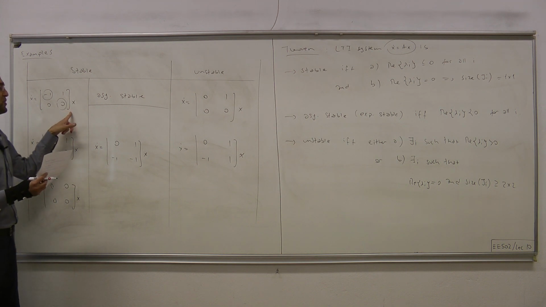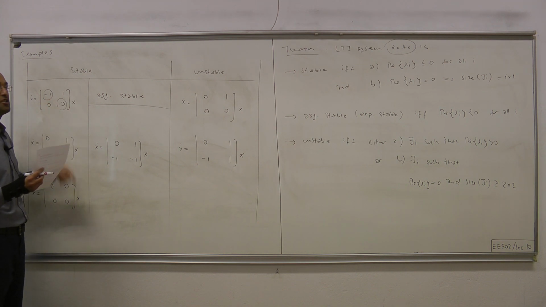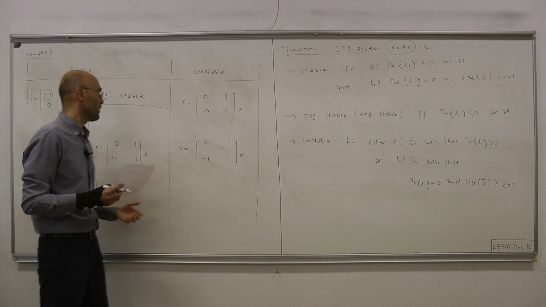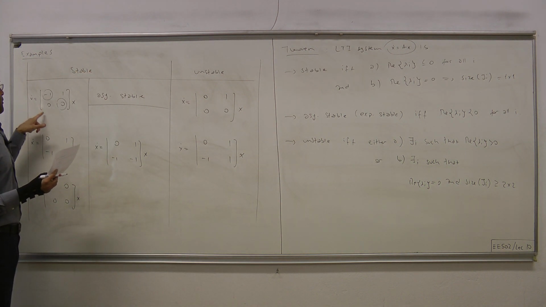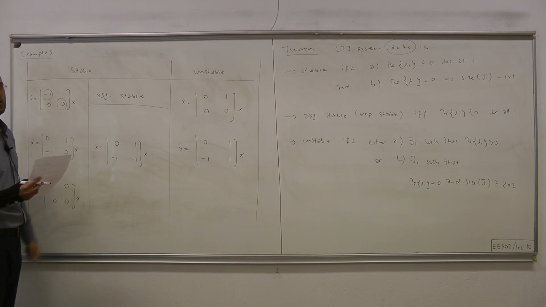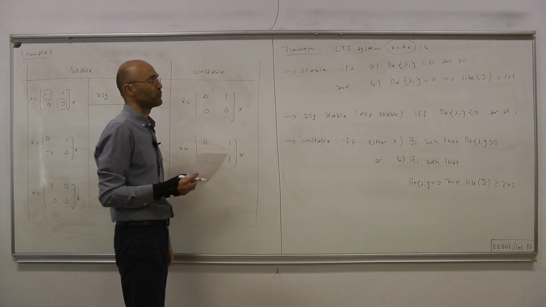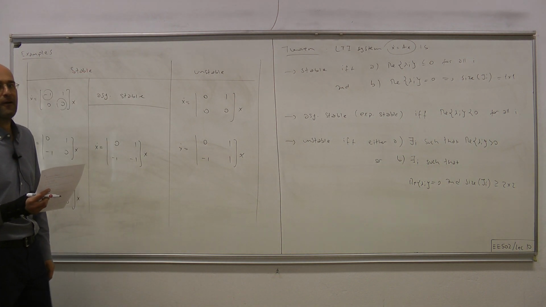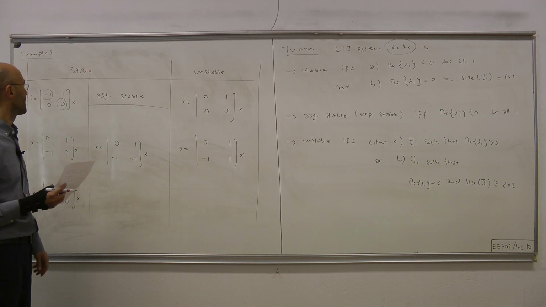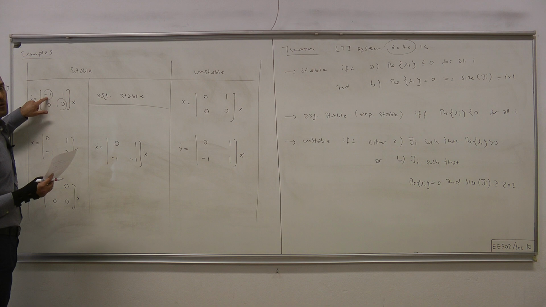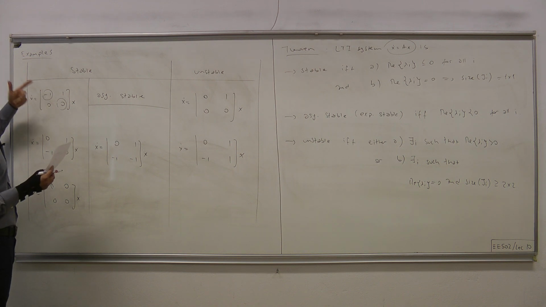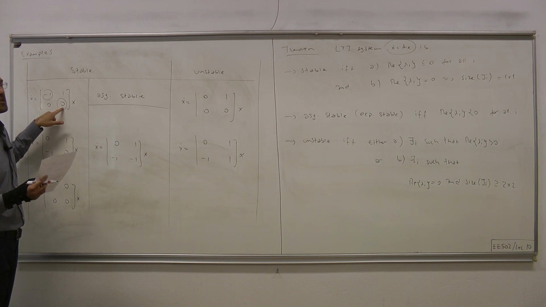This is a second order system and we have 2 distinct eigenvalues. Therefore, the Jordan form for this A matrix must be simply a diagonal matrix with entries minus 1 and 0. Therefore, all the Jordan blocks must necessarily be of size 1 by 1. This is an eigenvalue with negative real part because it's at minus 1, and here we have an eigenvalue on the imaginary axis.